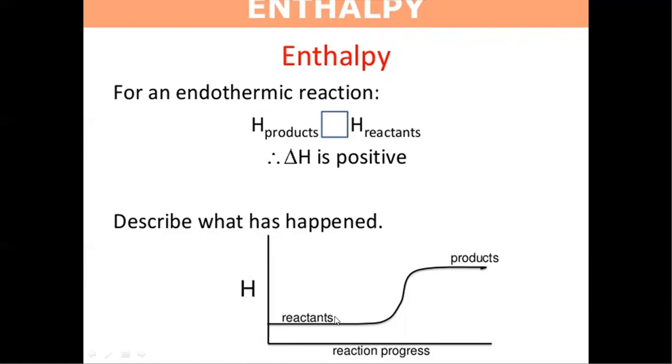The chemical energy increases due to the increase in kinetic and potential energy, and finally it converts into products. To convert into the product it requires some energy, which is supplied by heat energy. The system is taking in energy, so this is called an endothermic reaction. Energy is supplied to the system.